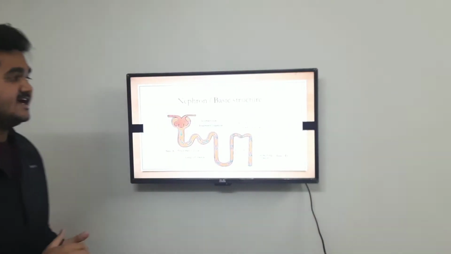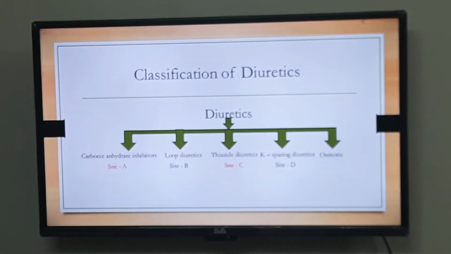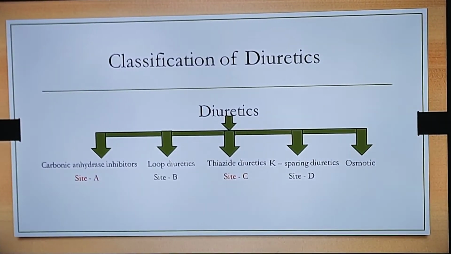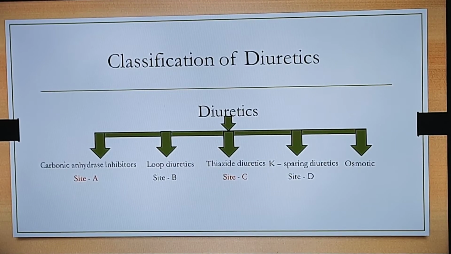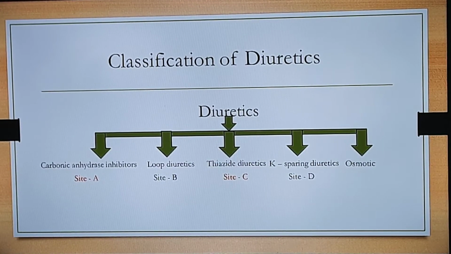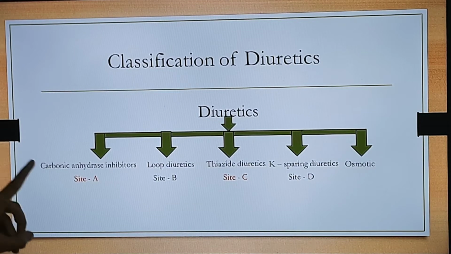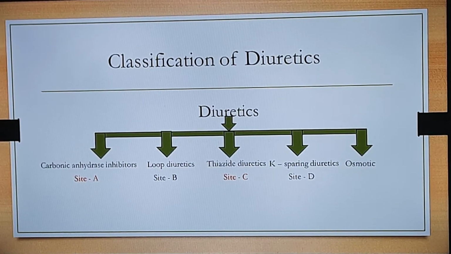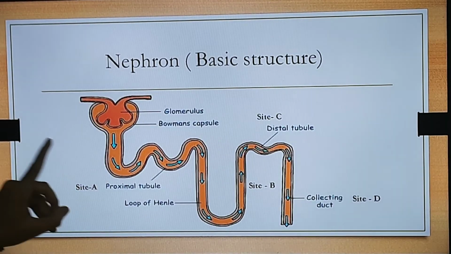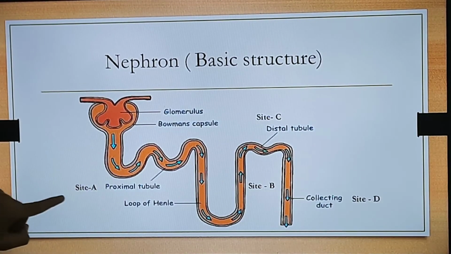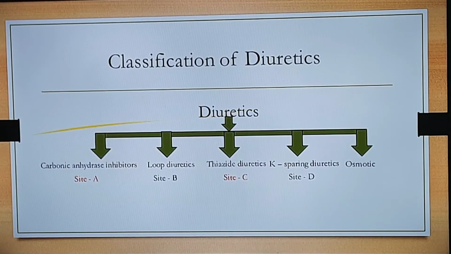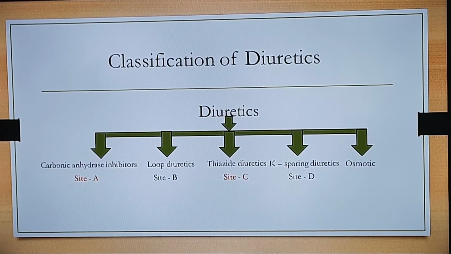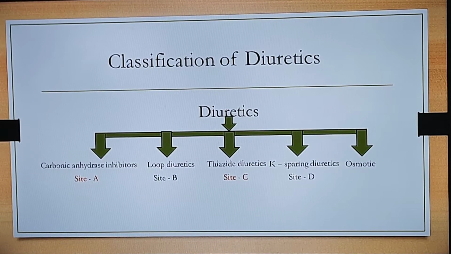Now the next thing that we are going to focus on is the basic classification of our diuretic agents. Now we can broadly classify our diuretic agents into 5 main categories. The very first class of diuretic is known as carbonic anhydrase inhibitor. Now these carbonic anhydrase inhibitors are mainly working on our proximal convoluted tubule, that is representing our site A. The second class of diuretic agent is known as loop diuretics.